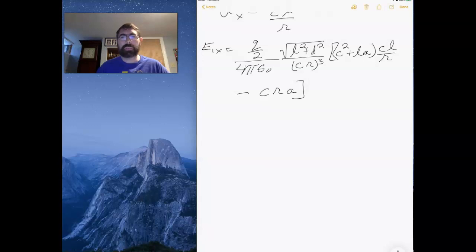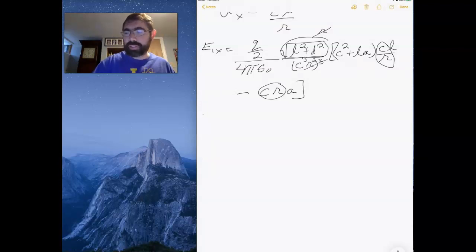So we can clean this up a little bit. And one thing we know is that the square root of L squared plus D squared, that's really R. We can factor out a c over R out of each of these terms. And when we do that, I can then cancel this R with one of the R's down here and get a c cubed R squared.